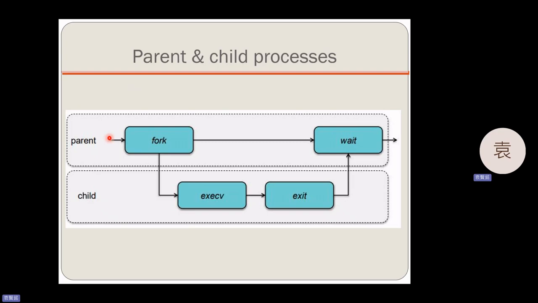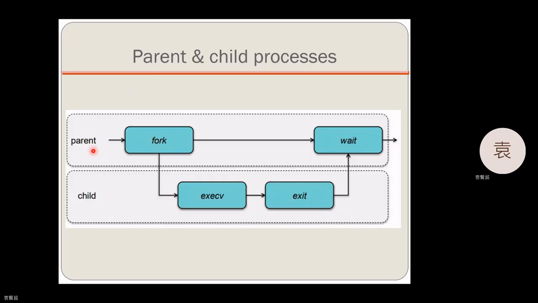So it is a true duplication. The child is a duplication or clone of the parent process. Besides the different IDs, the other difference is in the fork system call.